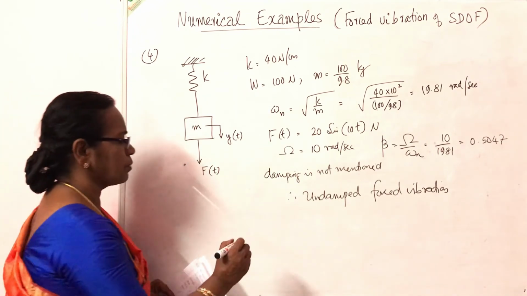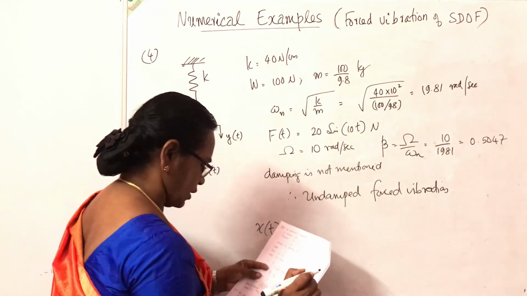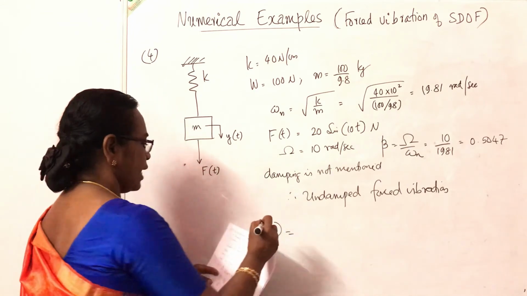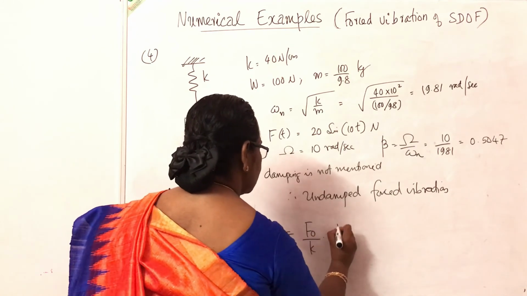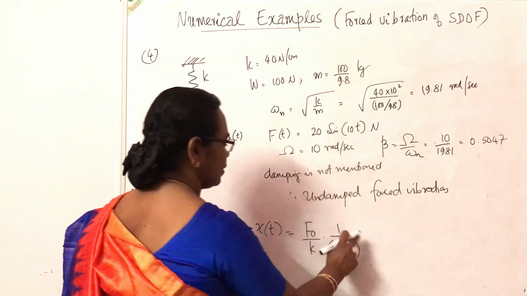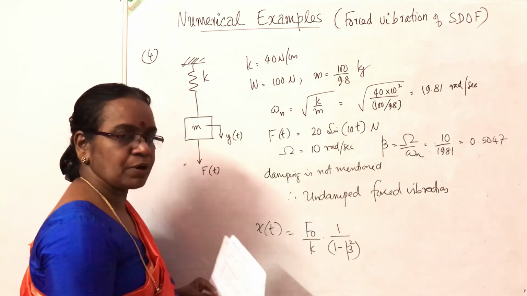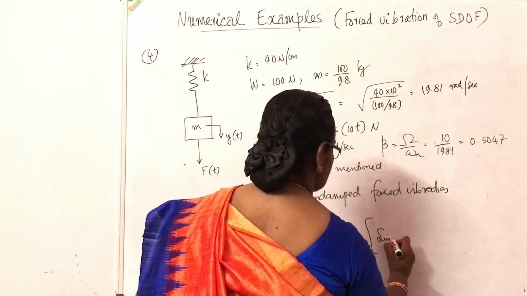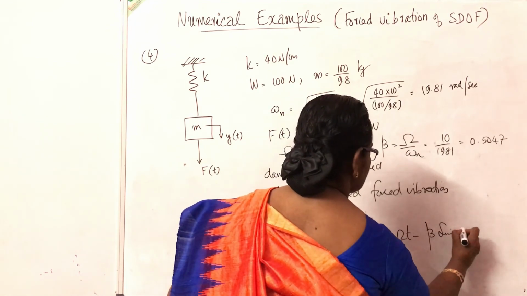For undamped forced vibration, we are asked to find out the response or the resulting equation of motion. x(t) is equal to F0 by k into 1 by 1 minus beta square. In case there is no damping, the magnification factor can be taken as 1 by 1 minus beta square, into sin omega t minus beta sin omega t.